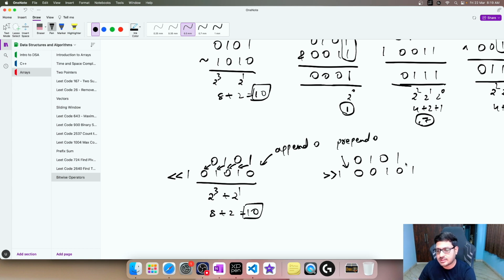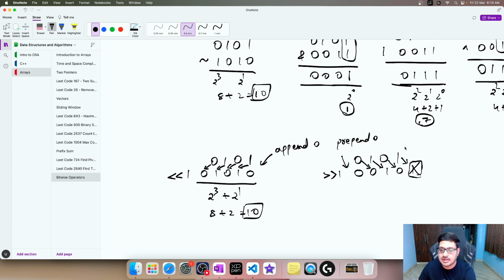And here you will notice that when we have right shifted, the last bit is coming out of the memory, right? Like this doesn't exist practically. So we have done a right shift, which means that we have essentially eliminated the last bit, or we can call it the least significant bit.